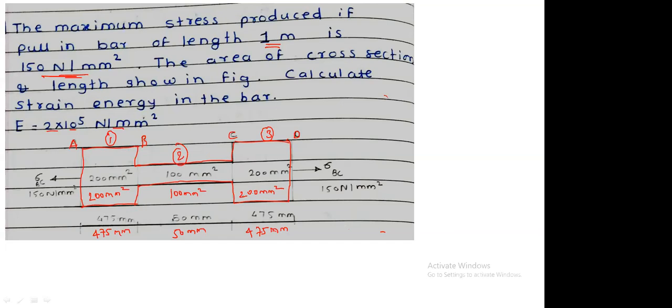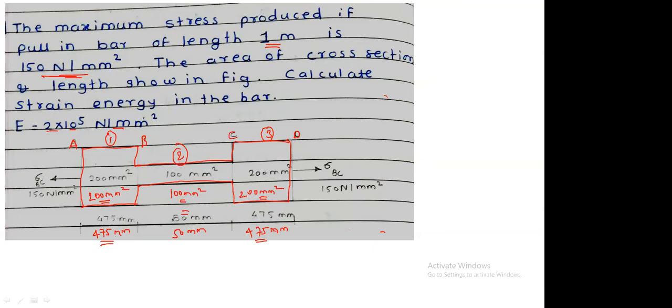That means section number 1 and section number 3 are similar to each other, because for both the length is 475 mm and the area is 200 mm square. But for section number 2, the length is 50 mm and the area is 100 mm square.